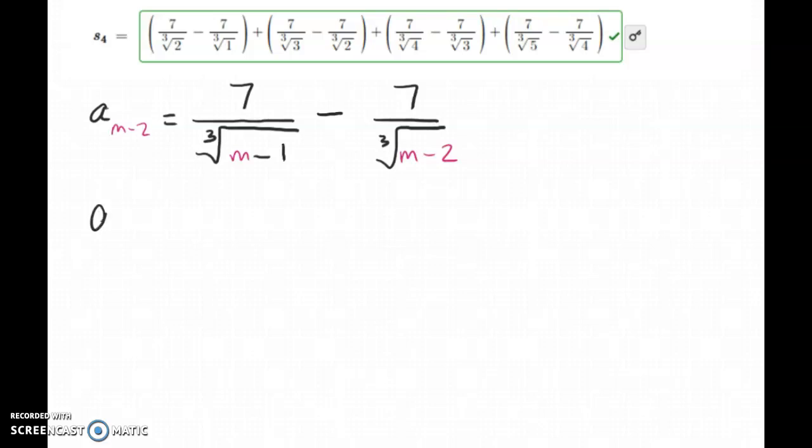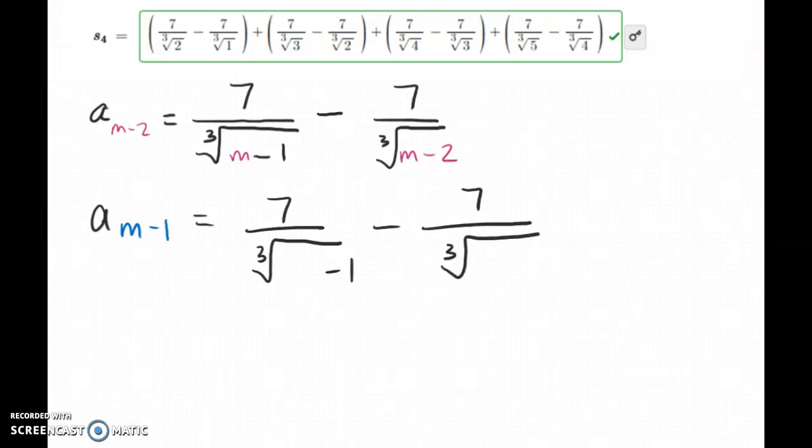Then I'll do the second to last term, which would be m minus 1. In place of n, I'm going to put m minus 1. Oops, wrong symbol here, this should be plus 1.